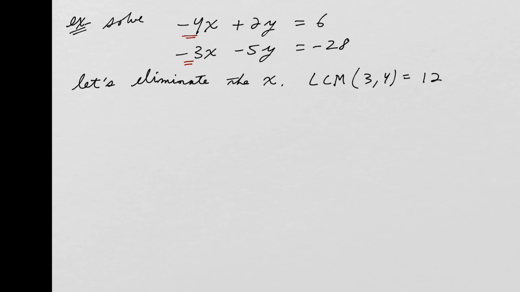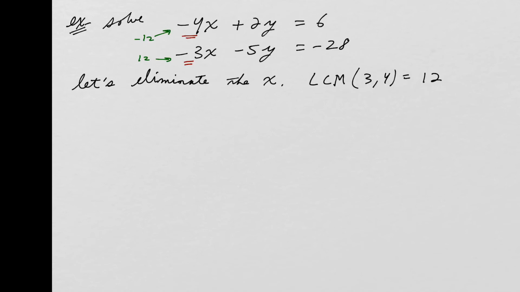It's the lowest number that 3 and 4 go into evenly. So one of these coefficients I want to make a negative 12, and the other one I want to make a positive 12. Let's say I want this one to be a negative 12, and I want this one to be a positive 12. Because then when I add them, the x's will disappear, right?